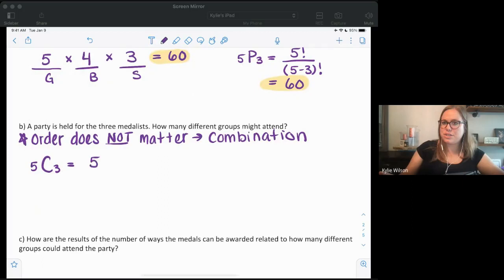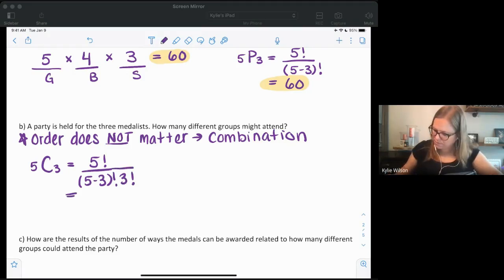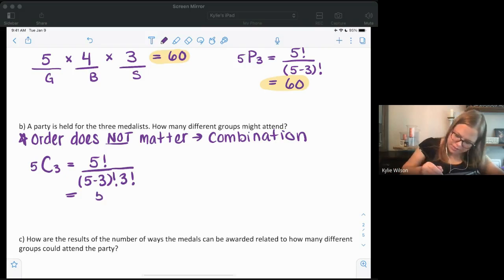So we have 5 factorial all over 5 minus 3 factorial times 3 factorial. So that will give us 5 factorial all over 2 factorial, 3 factorial.